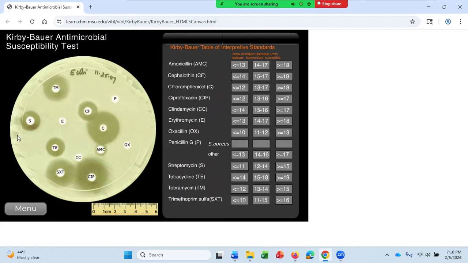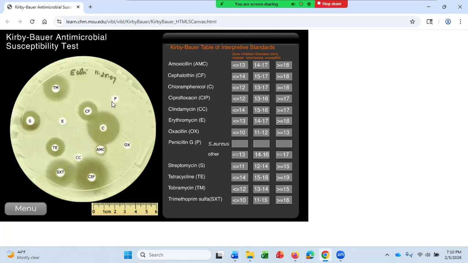Somebody did something wrong with the plate. They didn't go around the edge of the plate. But we have the lawn of bacteria and the paper discs containing the antibiotic. As you can see, erythromycin, E, has no zone of inhibition.